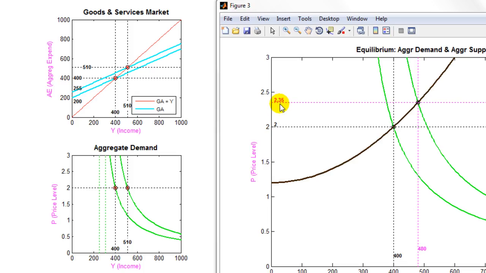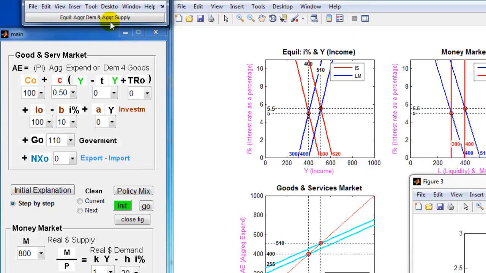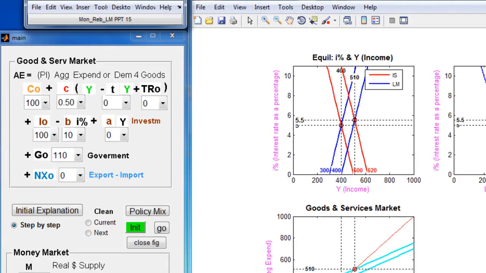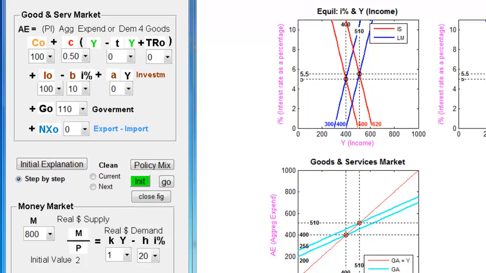So what happened in this situation? Well, it's very similar to what we have seen in previous videos. When the price level increases, then the real money supply decreases.